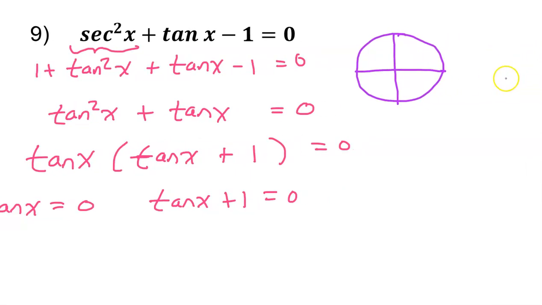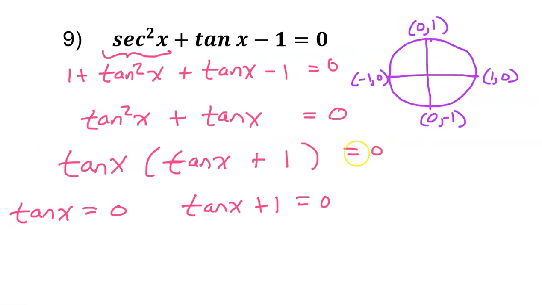Okay, let me scoot this over just a little bit. The coordinates here are 1, 0, and this is 0, 1. And here is -1, 0, and this is 0, -1. So think about the tangent of each one of these positions.